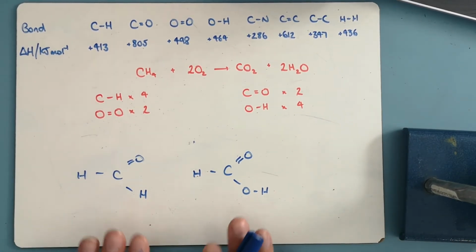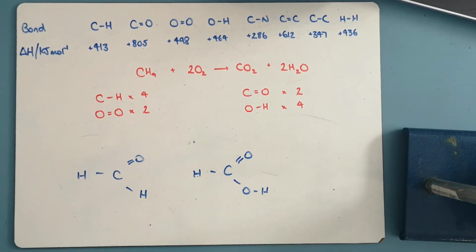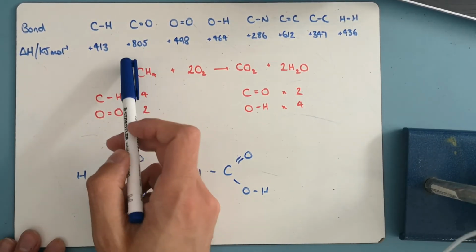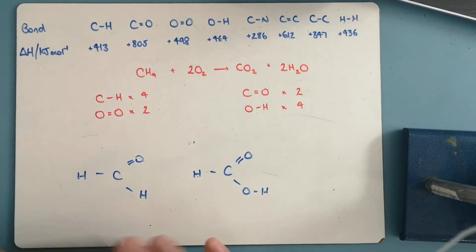So you get differences experimentally. We take an average of these to work out what this 805 would be.